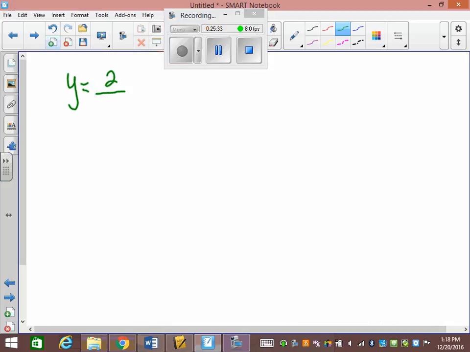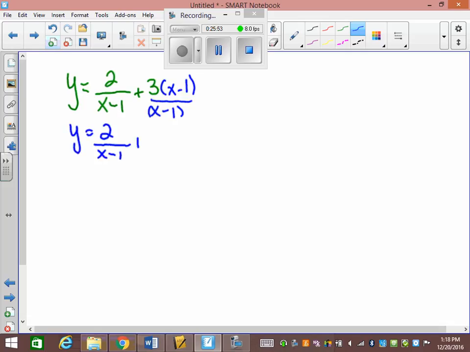y equals 2 over x minus 1 plus 3. Was that what it was again? Yeah. So you can flip this over and do it on the back. You have an open spot if you want to try it. So I'm going to multiply this by x minus 1 over x minus 1. And so I'm going to get y equals 2 over x minus 1 plus 3x minus 3 over x minus 1.